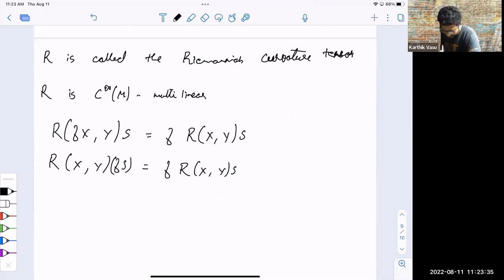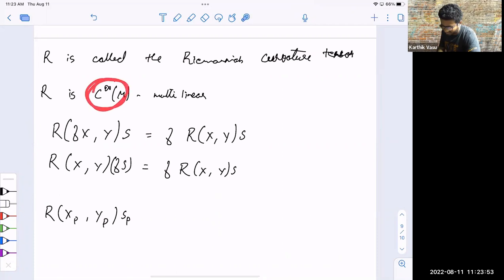And also, this will allow me to talk about things at a point. A vector field, when I evaluate it at a point, is just a tangent vector, and sections are also just vectors at a point. So because of this C infinity linear property, I will not get to why, I can talk about what it is at a single point.